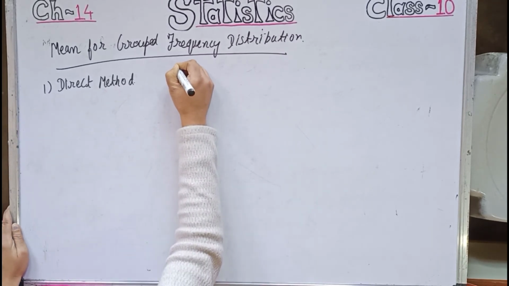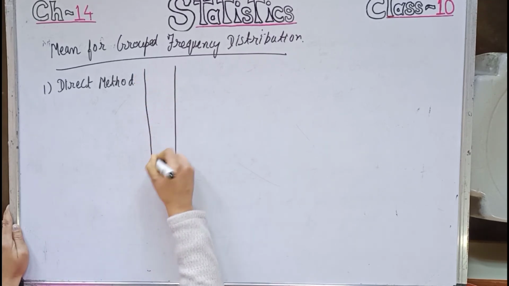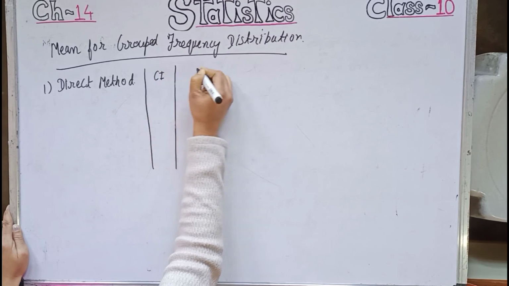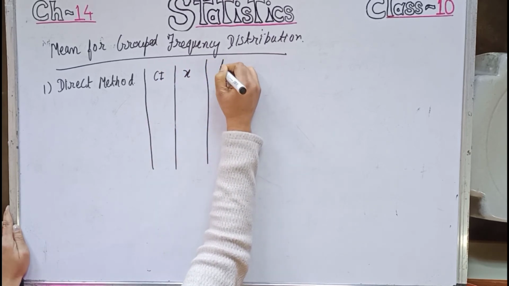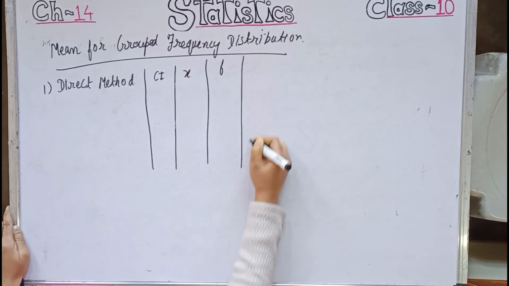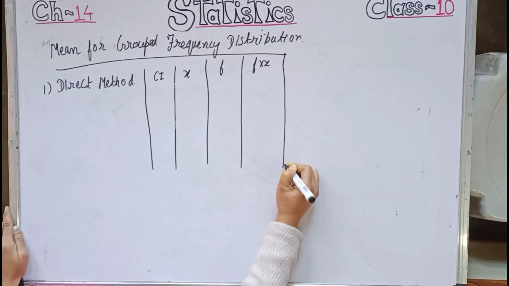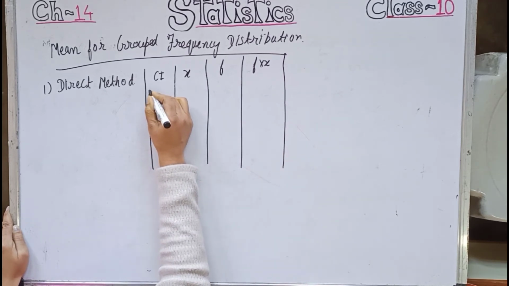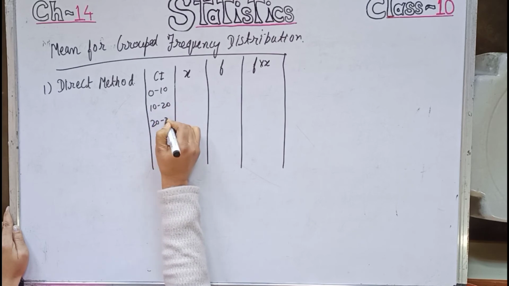Now in the direct method, suppose a class interval is given, we make the class mark or the variate column. Frequency will be given. We will be making the f into x column. So class interval, suppose 0 to 10, 10 to 20, 20 to 30.